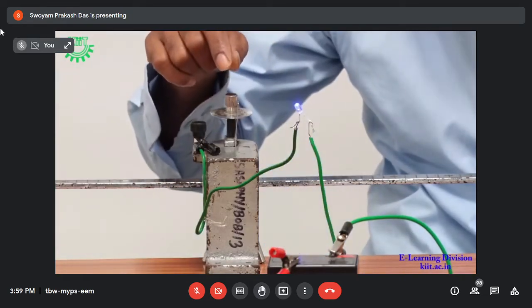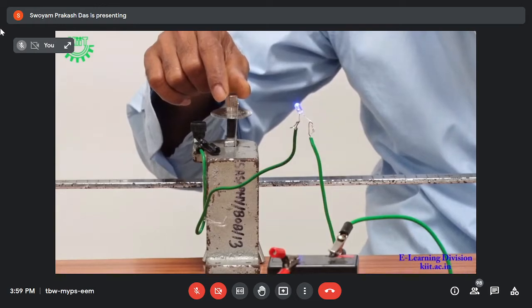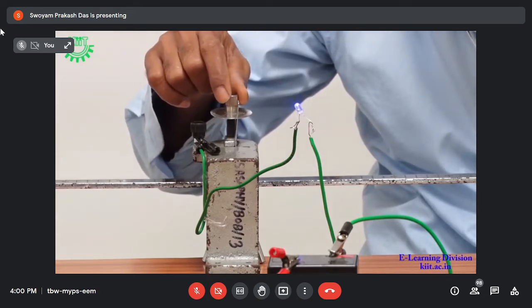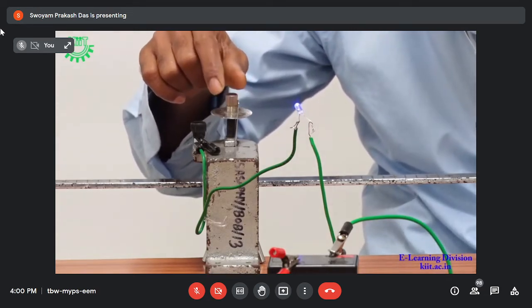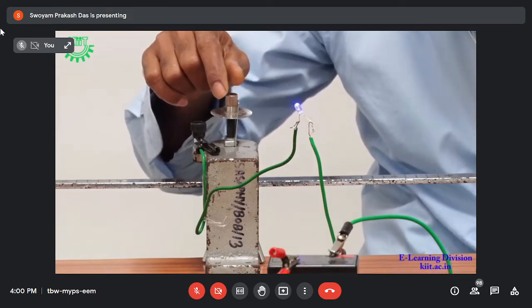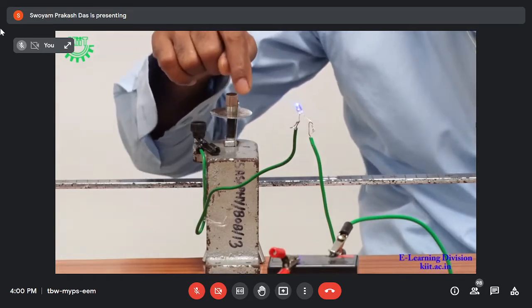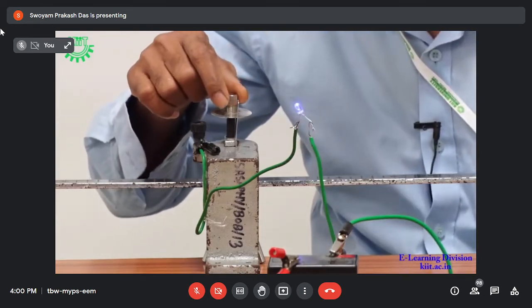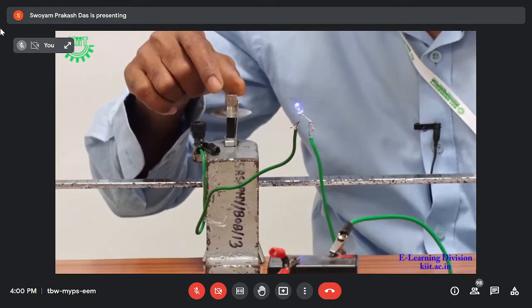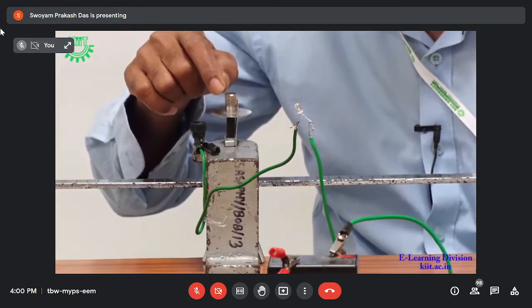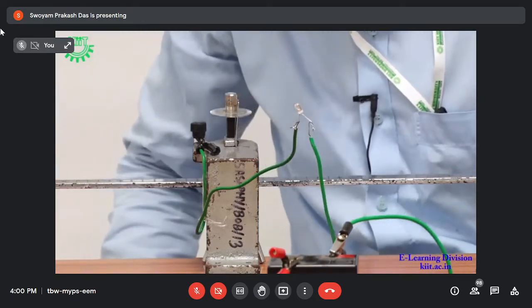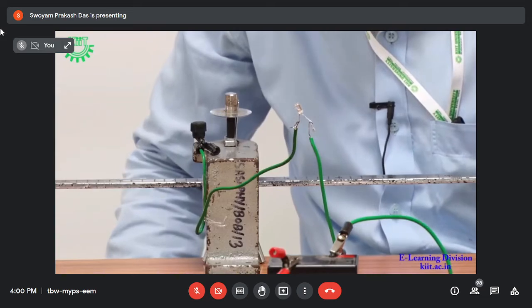I have to give the same time, and then I will rotate in the anti-clockwise direction till the bulb is off. At the same time I have to watch rotation, that means how many times 11 crosses the reference scale. It should be completely off. Yes, it is off now, and 11 has not crossed.